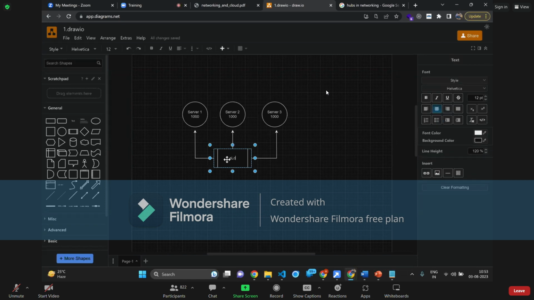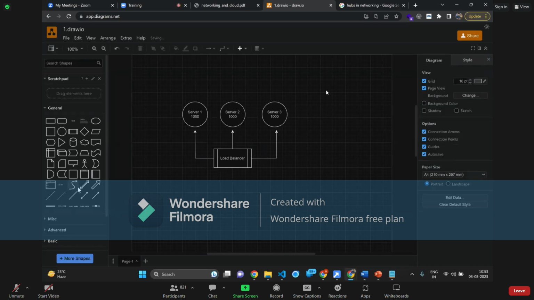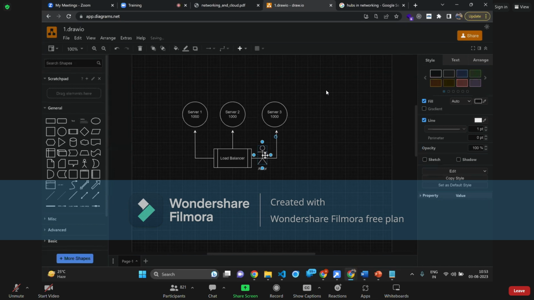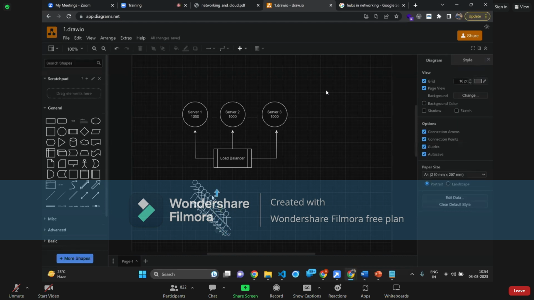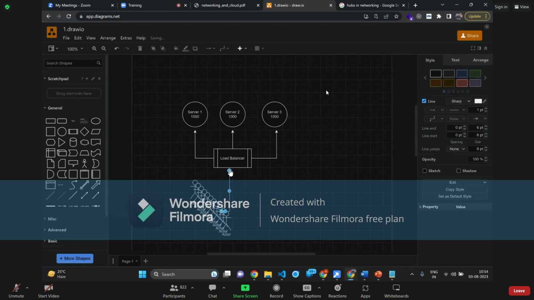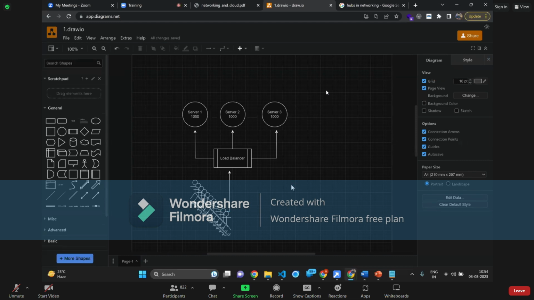So this is a load balancer, and there are multiple users. See, user 1. So there are multiple users here, and each one of them will hit the load balancer, and based on the user count they'll move to server 1.